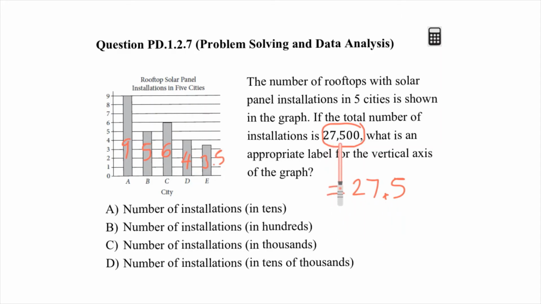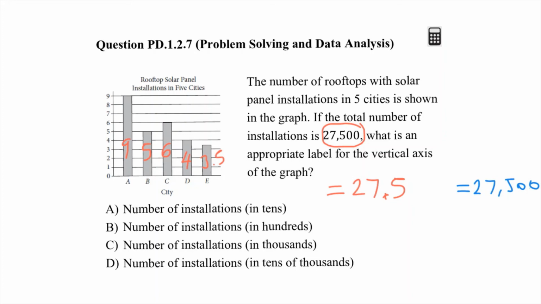So 27,500. For this kind of question, whether the number of installations is in tens, hundreds, thousands, or tens of thousands, you are supposed to know how to get 27,500 from 27.5. Let me fix this so it looks better. 27,500. Alright, this is better.